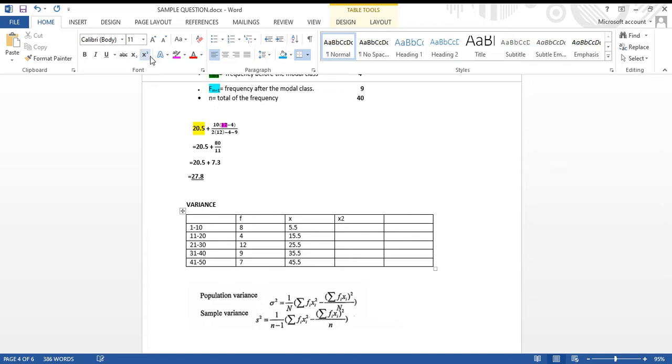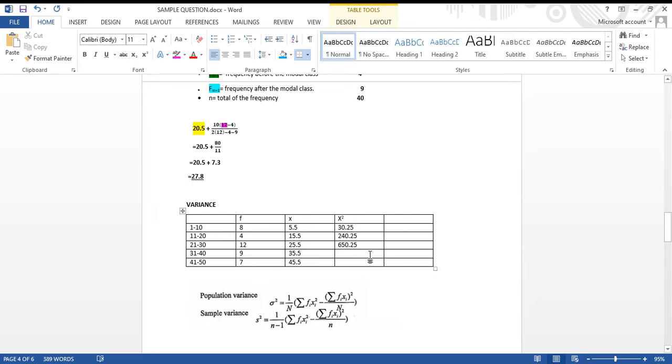I'm going to put in here x squared. Again, we need our calculator for this. 5.5 squared is 30.25. 15.5 squared is 240.25. 25.5 squared is 650.25.